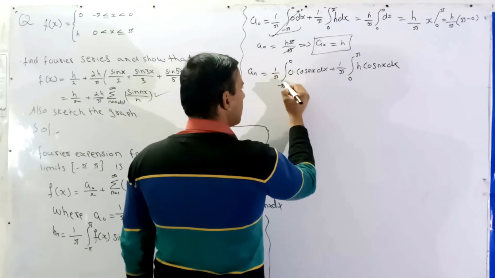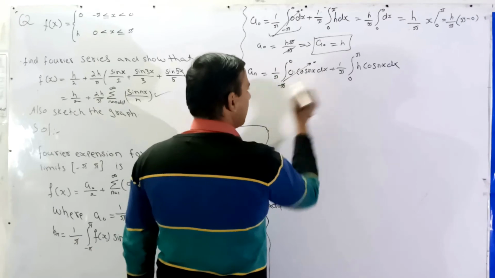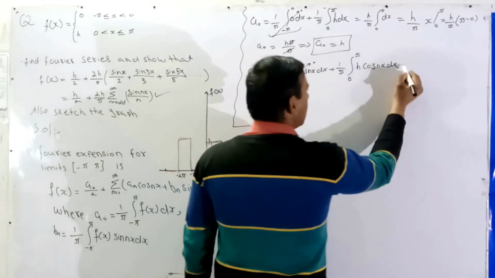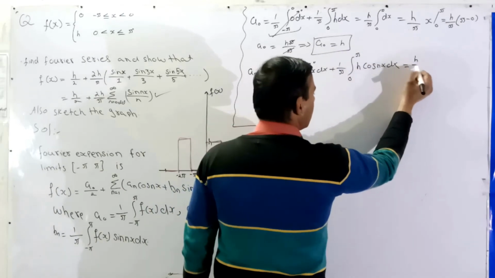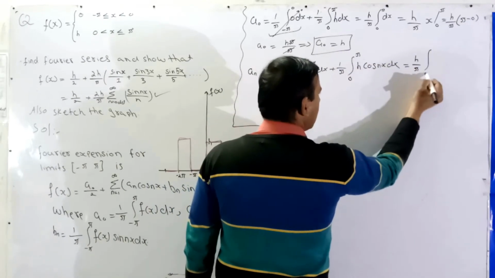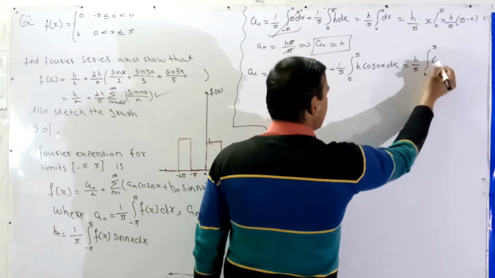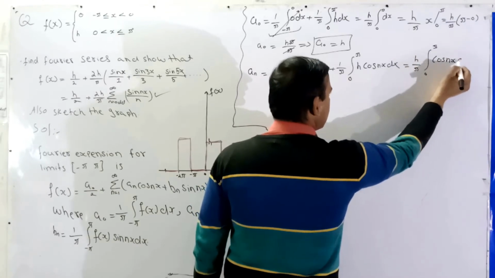Due to this 0, the whole function on this side will become 0, and the remaining is h. We can take it out of the integral because h is constant, integral 0 to pi cos nx dx.